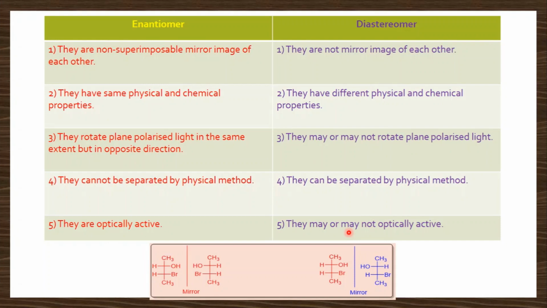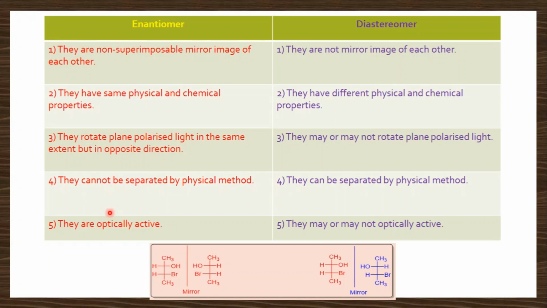Depending upon that, you can easily separate diastereomers. But enantiomers have the same physical and chemical properties, the same solubility, so you can't separate them by physical methods. Then enantiomers are optically active, which means they have the ability to rotate the plane polarized light.